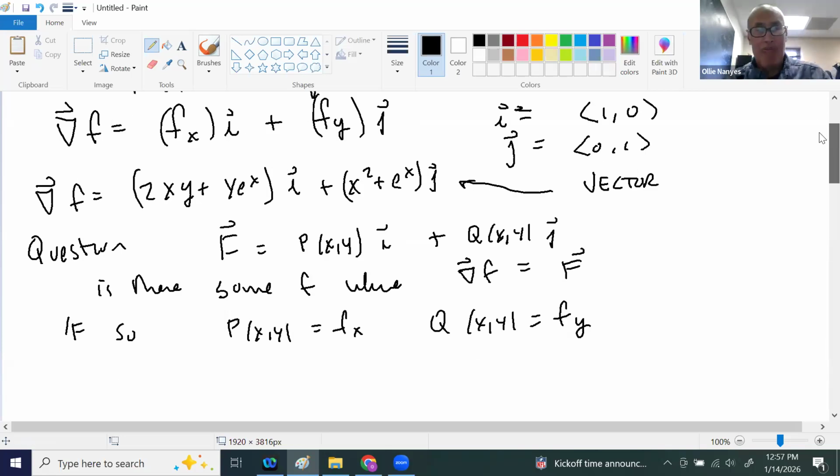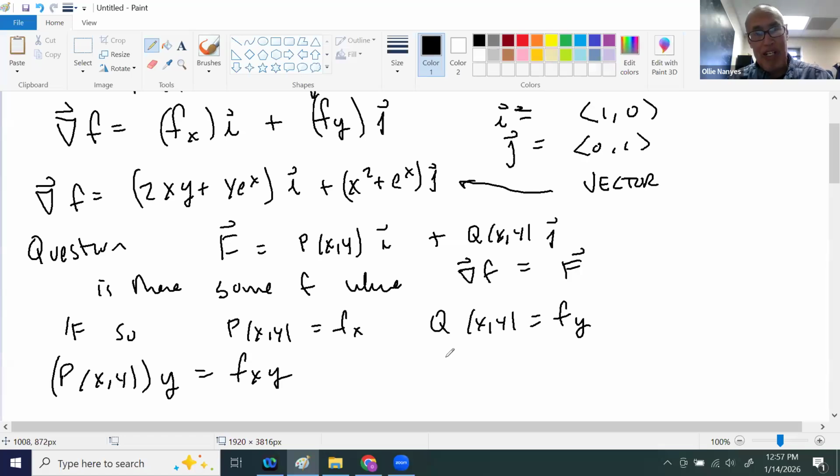Then you learn from Calc 3, with some reasonable conditions about the partial derivatives being continuous, that if I partially differentiated this with respect to y, that's f_xy, and if I partially differentiated this with respect to x, that would be f_yx. You know that at a point where there's an open set and these two things are continuous, then these are in fact equal.